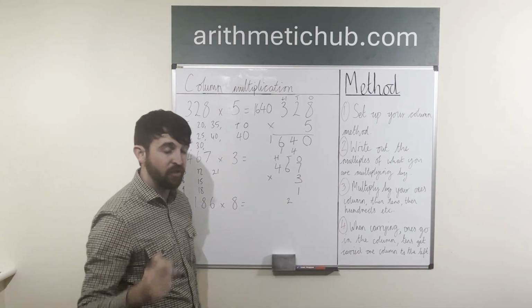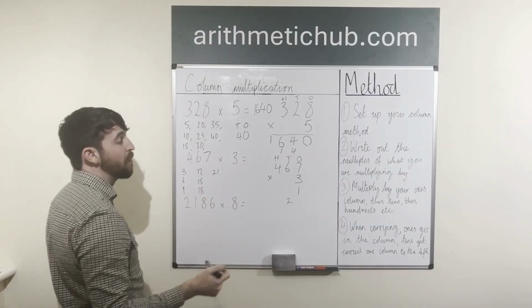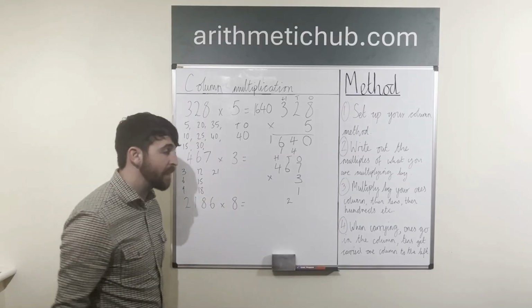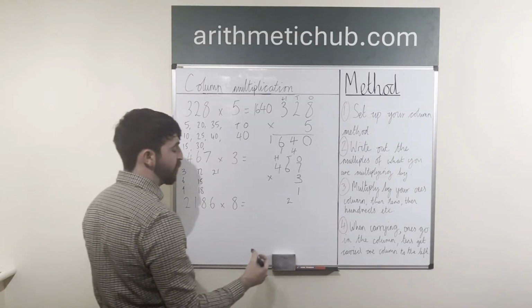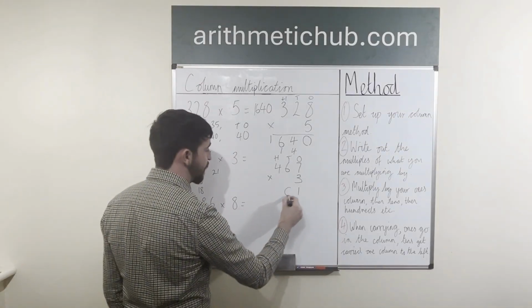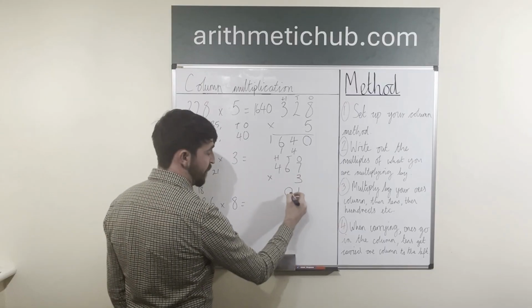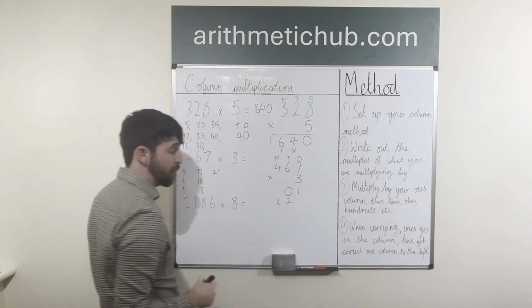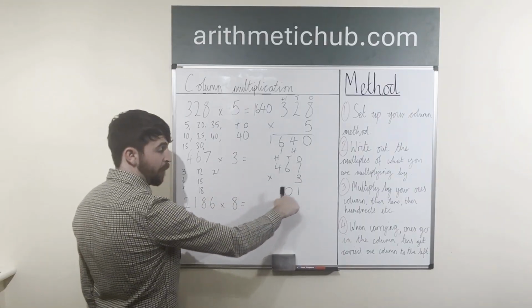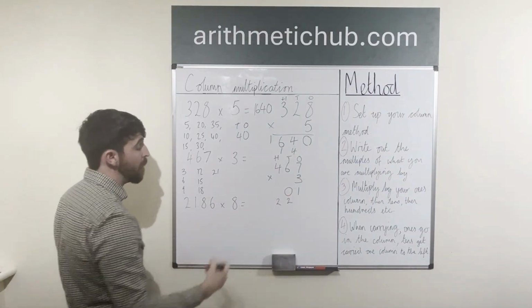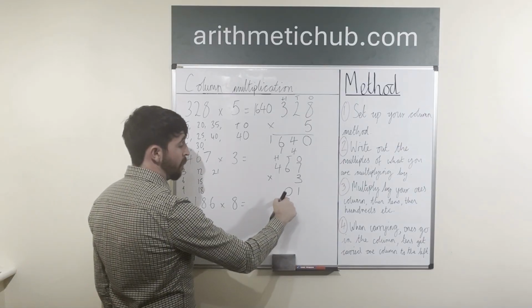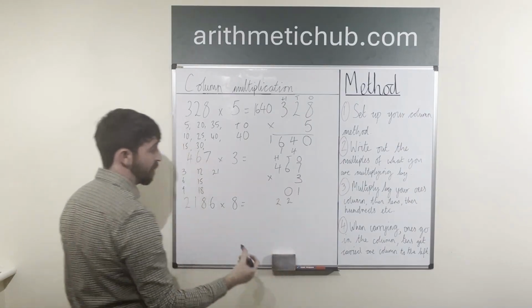But we had our 2 that we'd carried before, didn't we? So 18, we need to add the 2 on, remember. So 18 add 2 is going to give me 20. 20 has 0 in the ones column and 2 in the tens column. So see how it looks like 20. So we've carried the 2, we've written the 0 in.